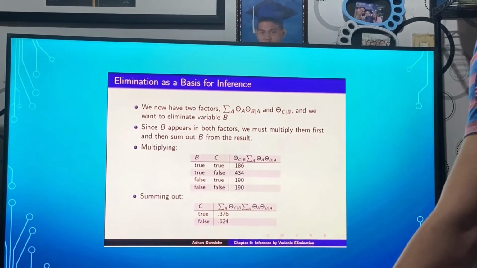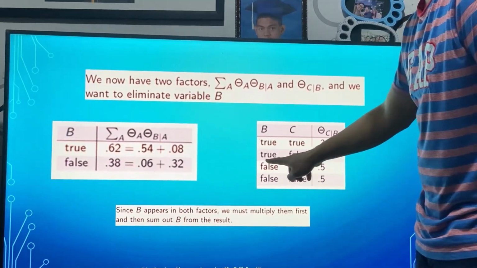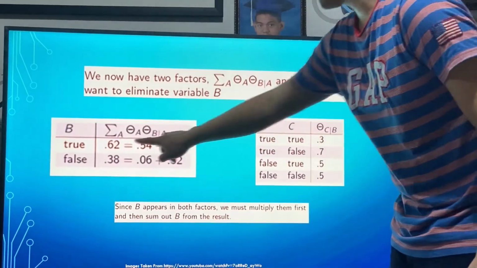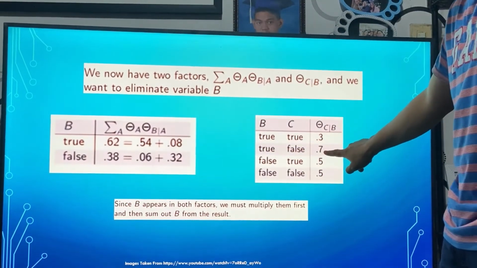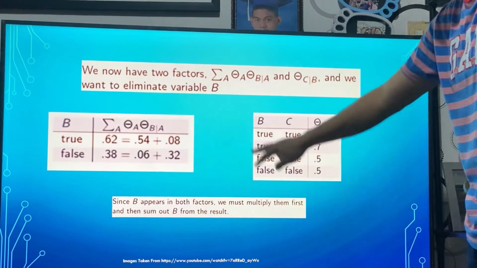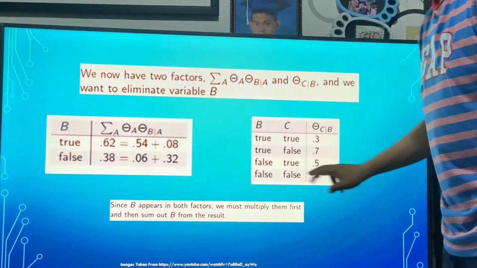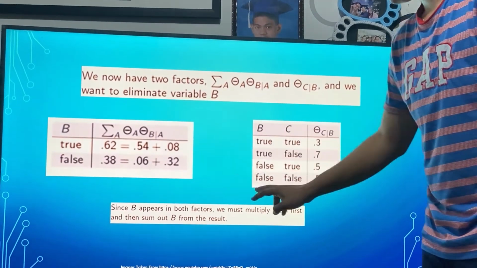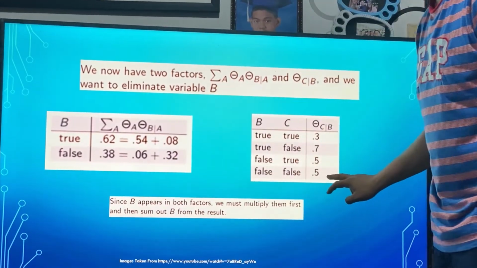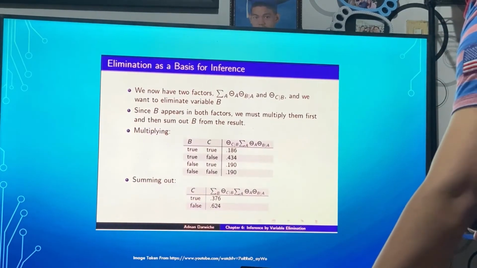We get 0.186. Then we look again at another instance where B is true, so 0.62 times 0.7, and then do the same for false. Since B is false, we look at an instance where B is false in this table. So the false value is 0.38 times 0.5, and the same way 0.38 times 0.5, and then we get this final value.